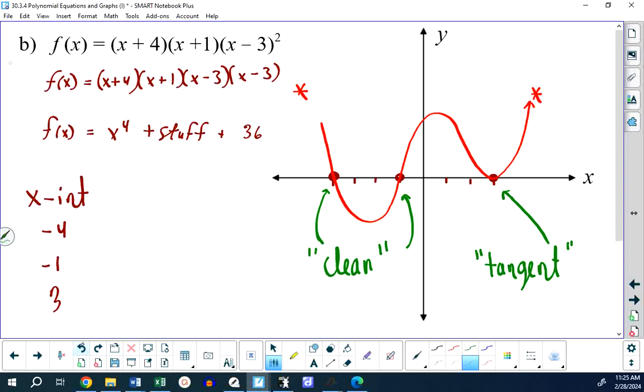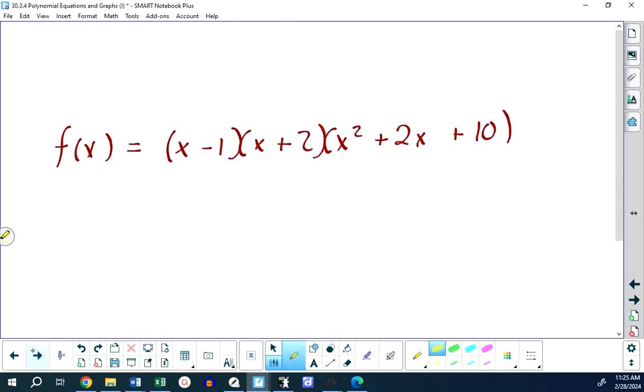And what we're learning here, everybody, is that it is this 2 that produces the tangency. We say the curve is tangent to the x-axis at that point. It just touches the x-axis. Any questions with B? All right, C.